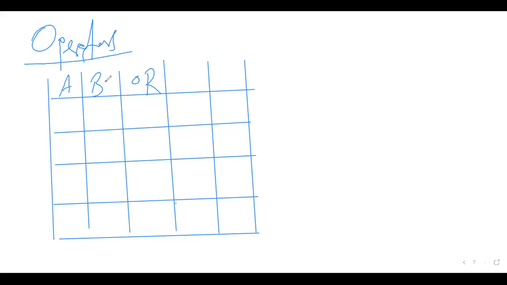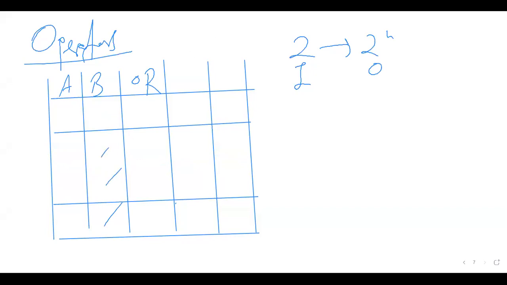If you have two variables, A and B, two inputs, it means our output will be 2 to the power of n, so 4 outputs. If you have two inputs, then we have 1, 2, 3, 4 outputs. How do you put out the outputs?